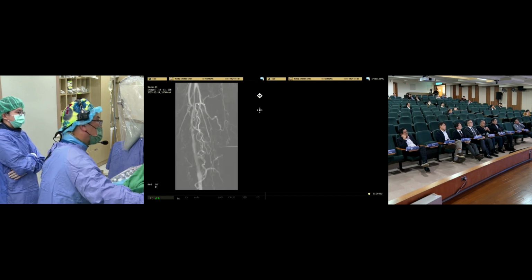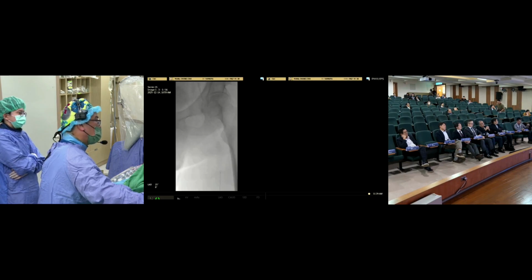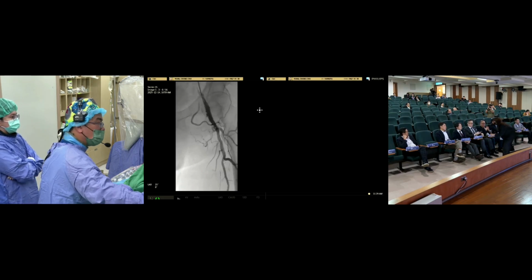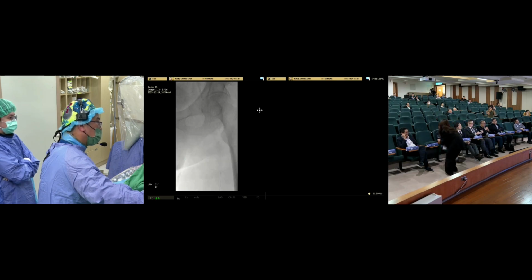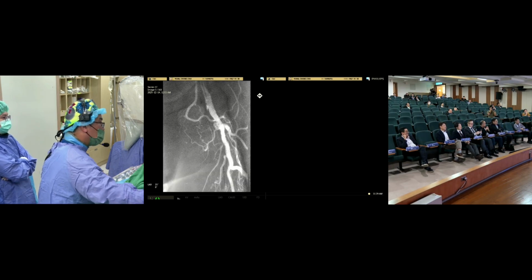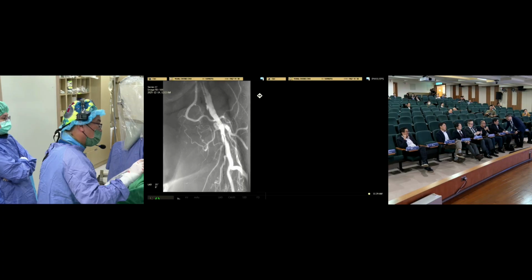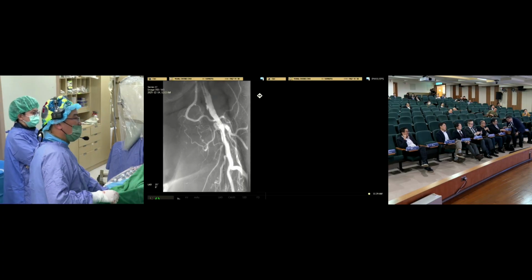So I went retrograde initially from a distal femoral puncture, and the B18 advanced to the CTO distal stump. This is a little loop, because initially I hoped for intraplaque advancing.